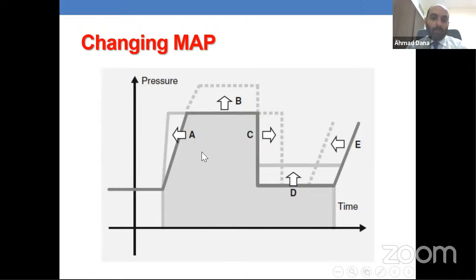Either by making the rise time steeper, you increase the PIP, you increase the inspiratory time, increasing the PEEP, or shorten up the expiration. So all of these, if you understand it, then you understand how to increase the MAP.